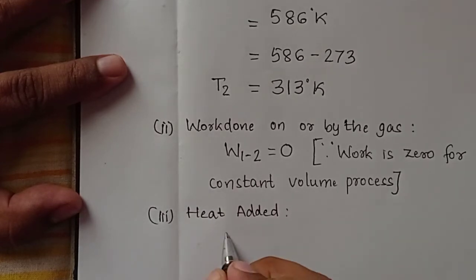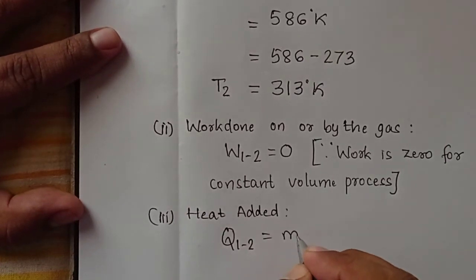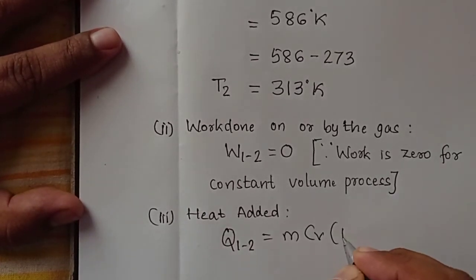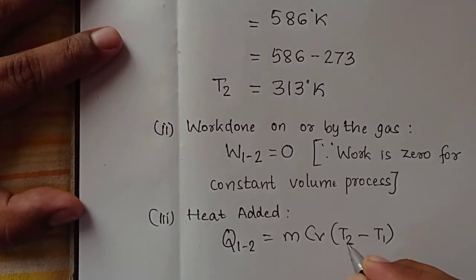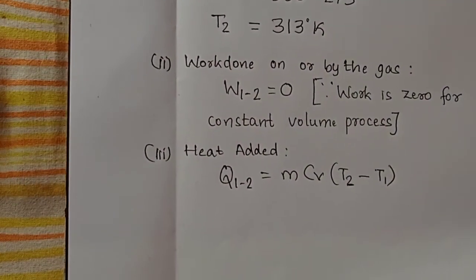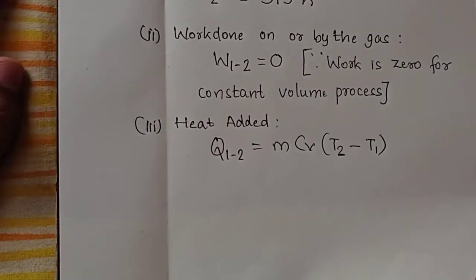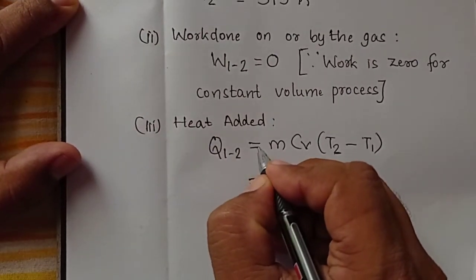Heat added Q12 we need to find out. Heat added Q12 is m Cv (T2 minus T1). Depending on the process, it is a constant volume process, so we are writing it as Cv. The same problem can be asked in both chapters, but as we are solving it in the first chapter, we will do it in the first chapter itself.